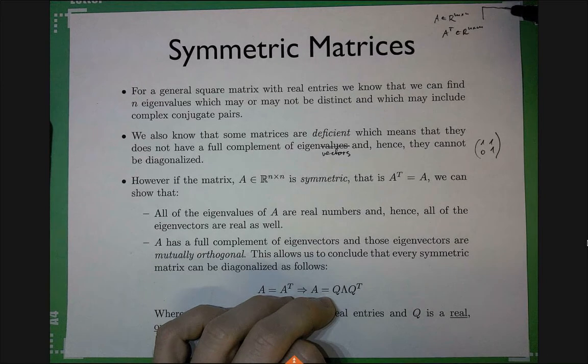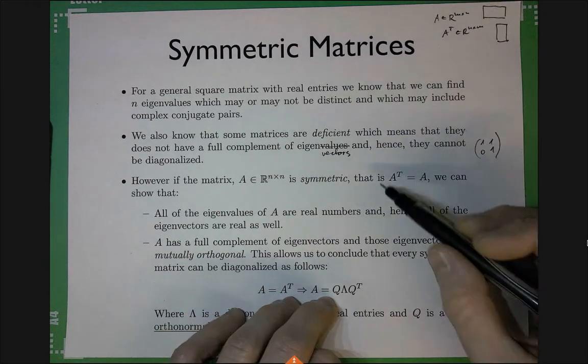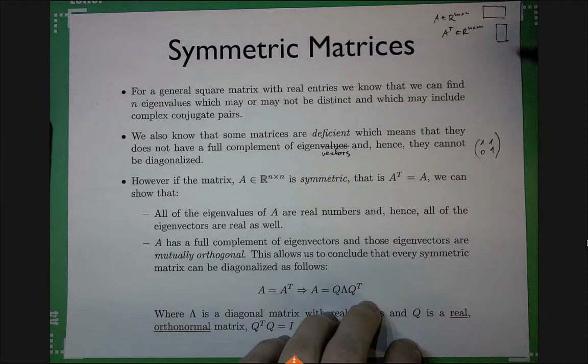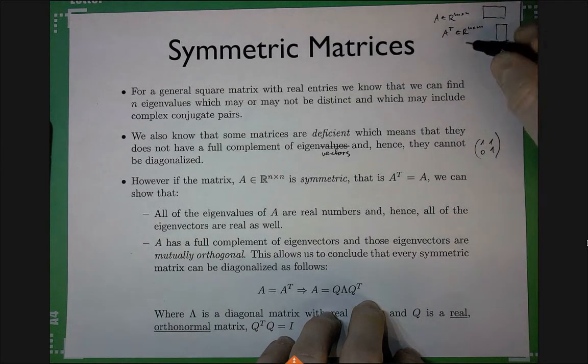So if this is a matrix like this, the A transpose is a matrix like this. If A has to be equal to A^T, it must be square, obviously. But it must be more than that: it must also be symmetric along the main diagonal. That's really the idea. So, for example, a matrix like this is not symmetric, but a matrix like this is symmetric.